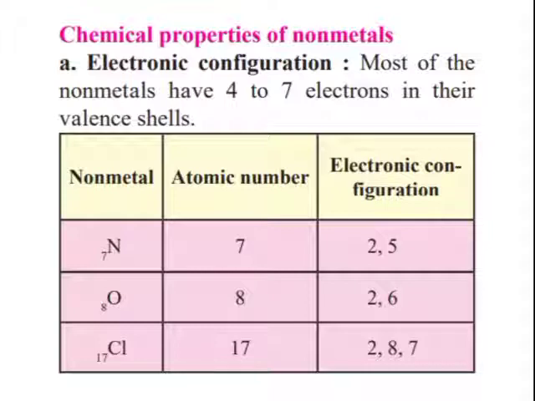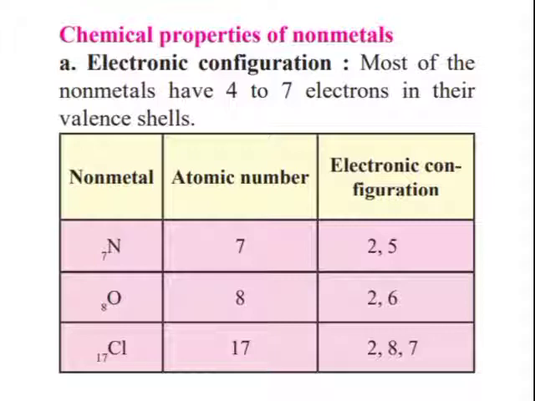Now let's see chemical properties of nonmetals. So first we'll see electronic configuration. Most of the nonmetals have 4 to 7 electrons in their valence shells. Let us see nonmetals.